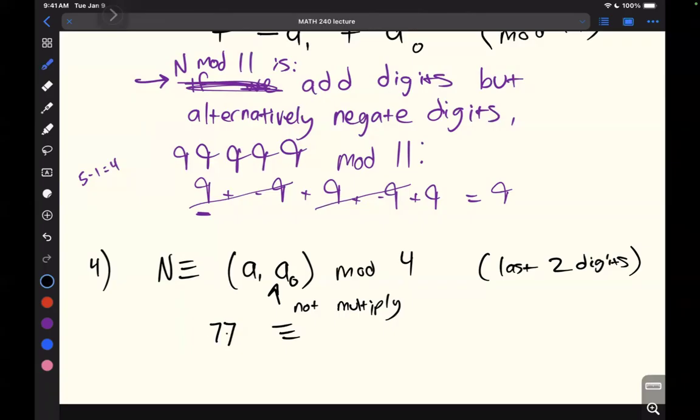So 77 doesn't give us any nice things out of it, but if we have this huge long number, that's equivalent to 77 mod 4. And that we can plug into our 4-function calculator. So we just take those last 2 digits.